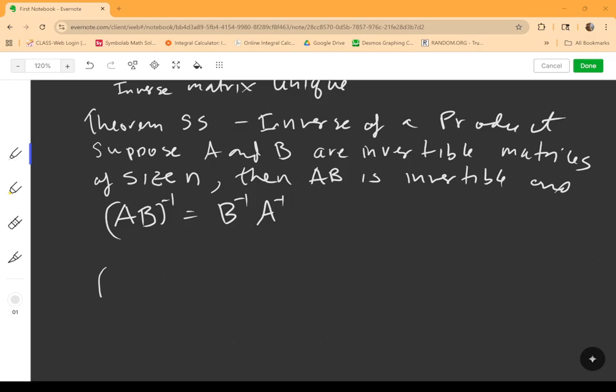We'll start with B inverse A. So here's our proof.